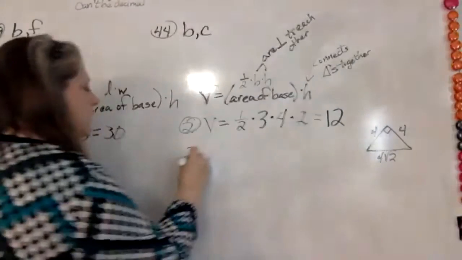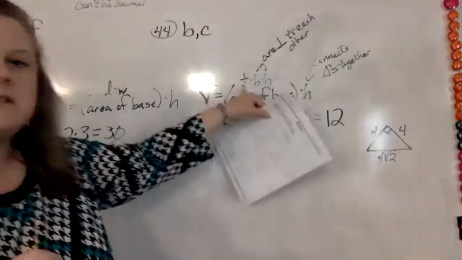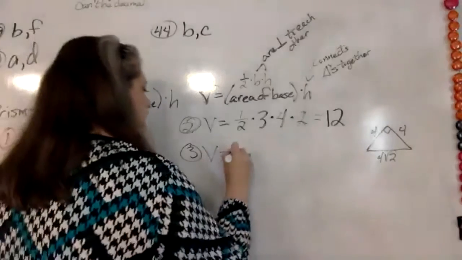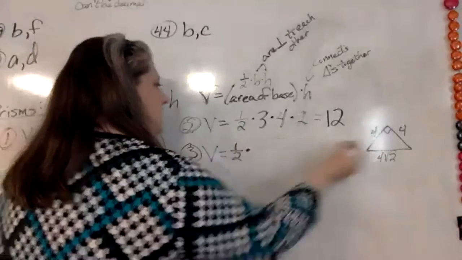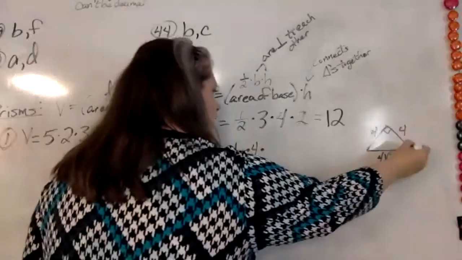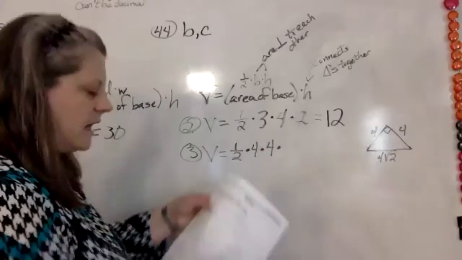So on number 3, when I go to find the volume, I'm just doing it over here because it's under the same formula. It's a triangle base. I have 1/2 times the base of the triangle, which is 4, times the height of the triangle, which was also 4, times the height of the entire prism.